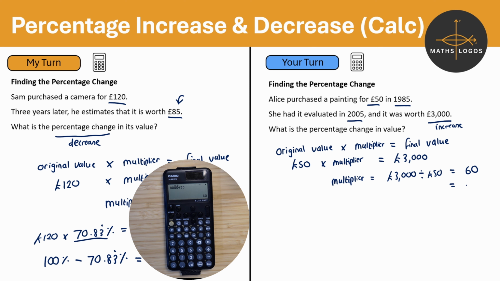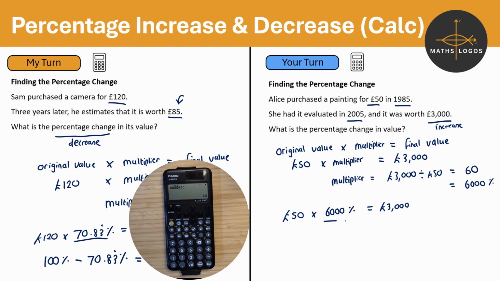To turn it into a percentage, I multiply it by 100, which takes me to 6,000%. What that means is the painting was £50 and it's been multiplied by 6,000%. And that's given us this final value of 3,000.